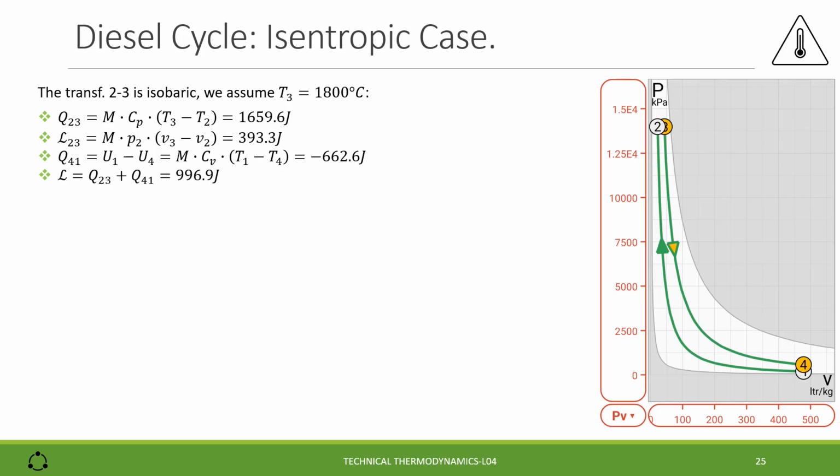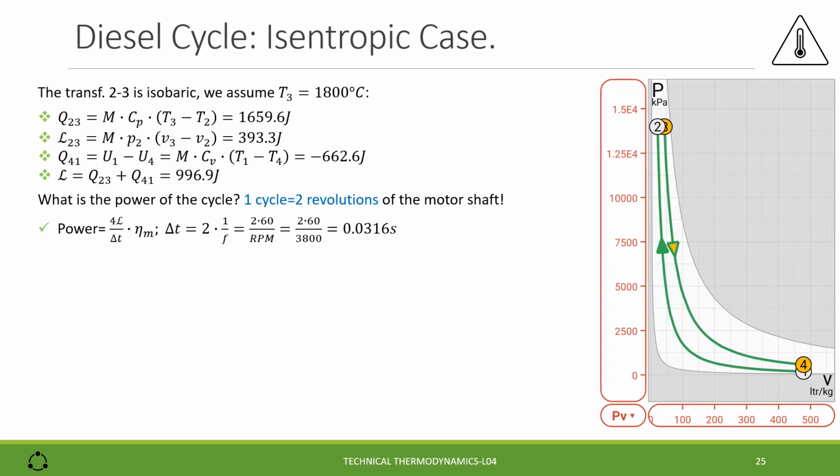The work of the cycle is the sum of the heats of the transformations 2-3 and 4-1, because the remaining ones are adiabatic. The power of the cycle, considering also that one cycle is 2 revolutions, we can get from the same formula already used for the Otto cycle: 4 times thermodynamic work divided by delta T into the mechanical efficiency.